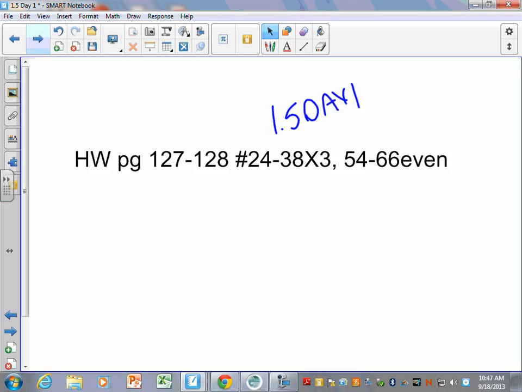So you're going to do 24 through 38. That's supposed to say even, kids, not times 3. 38 is not a multiple of 3. And then 54 through 66, even also.